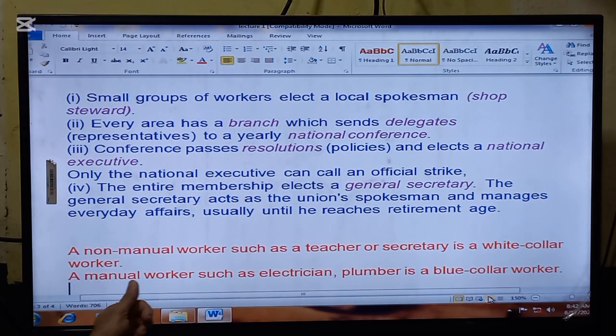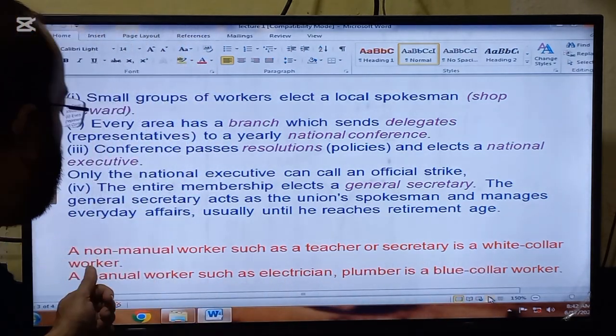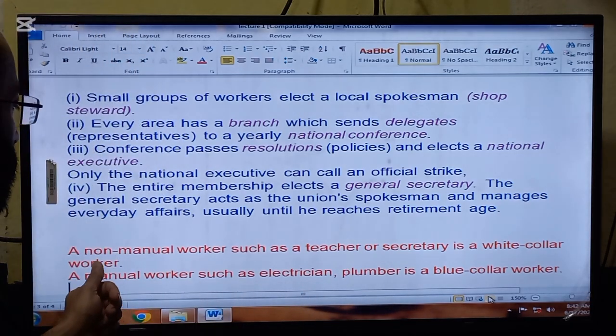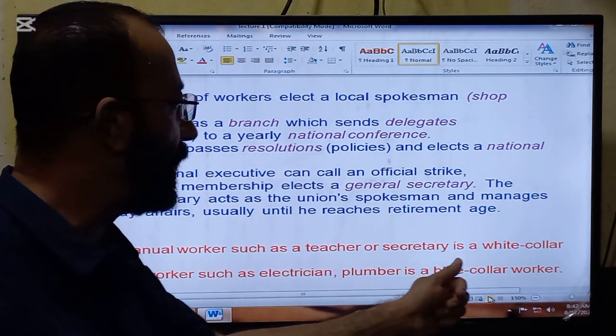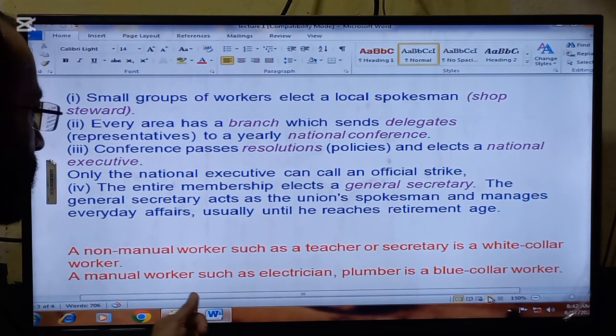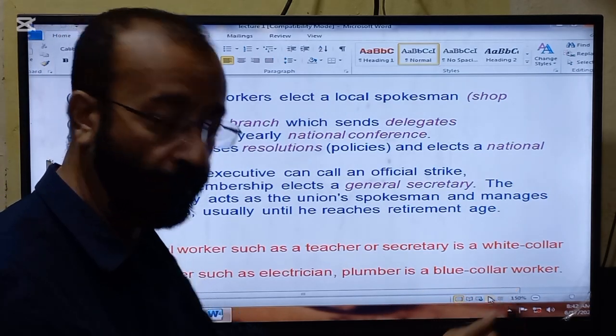A non-manual worker such as a teacher or secretary is a white-collar worker. These are very important terms. Whereas a manual worker such as an electrician or plumber is a blue-collar worker.